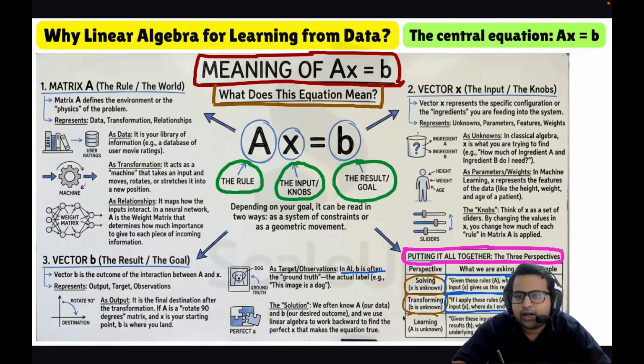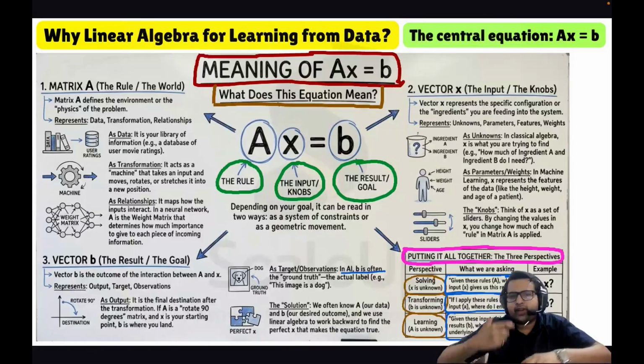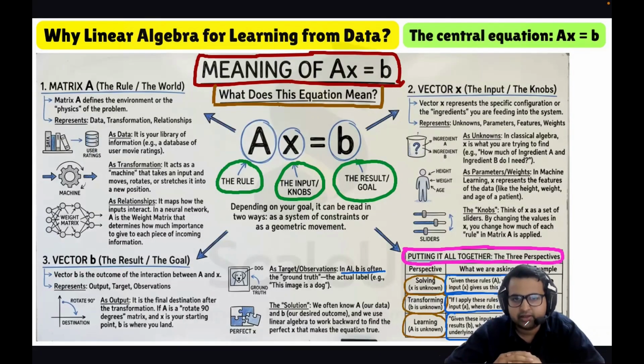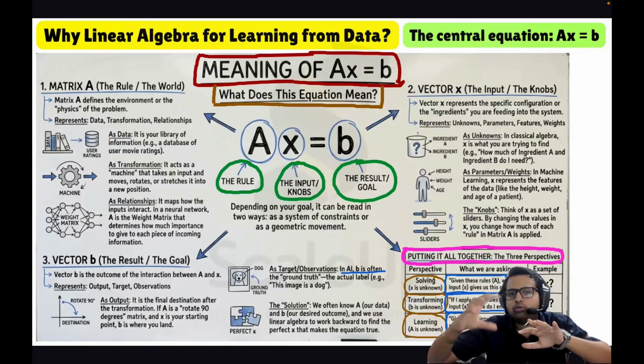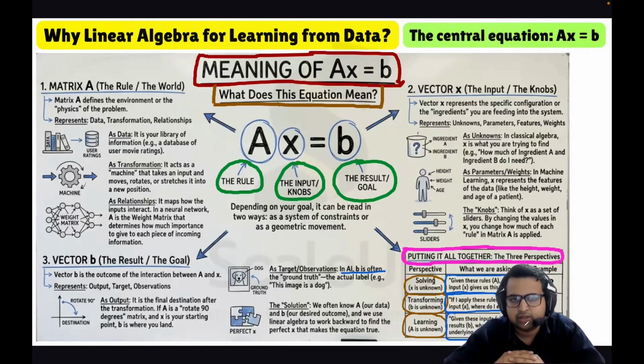In learning, A is unknown. What we are asking is, given these inputs x and these results b, the ground truth, what are the underlying rules A? We are trying to find the relationship matrix: if this is the input and this is the output, how are input and output related to each other?